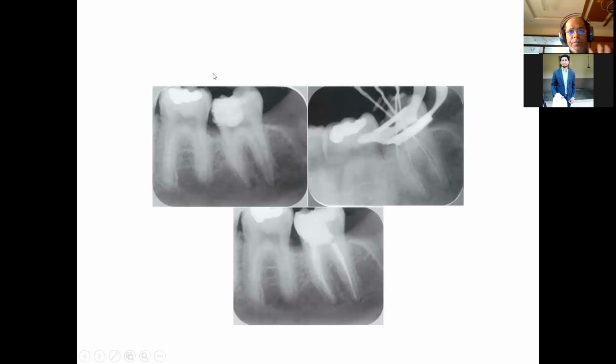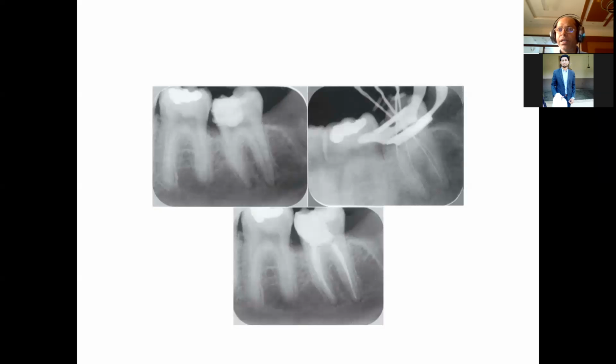Here you can see in all these three things, the tooth is involved, a diagnosis, and then access is made, because in endodontics you have to remove the pulpal tissues, whether it is necrotic or in case of irreversible pulpitis. You need to make the access cavity to open the pulp chamber, which is present mostly in the coronal part of the tooth structure.